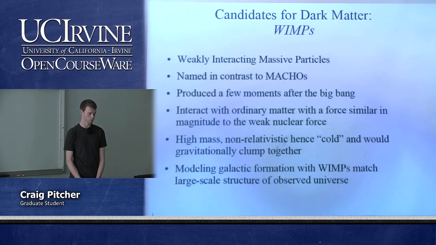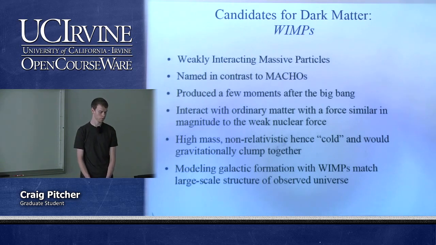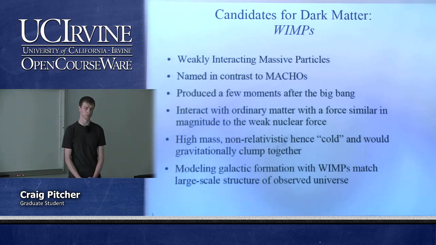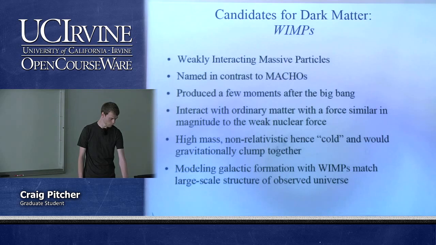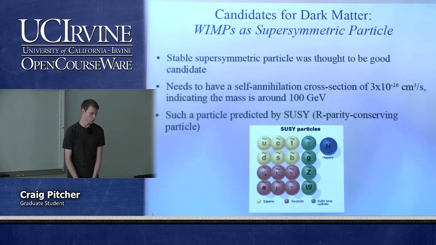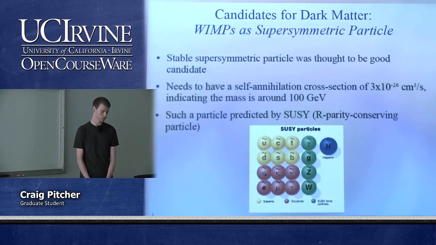And so this is an example of the cold dark matter models. These are high mass particles, so they would be much slower and they would attract each other much more. So it seems like a much more plausible model than the hot dark matter. Perhaps one possibility is that a WIMP is a supersymmetric particle.